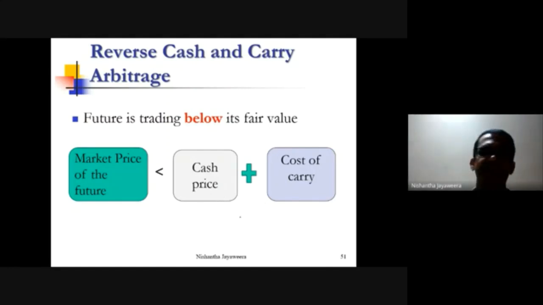Now what do you do? What are the transactions that you will do to exploit the arbitrage opportunity, or to get the arbitrage profit? What do you do with the market futures?